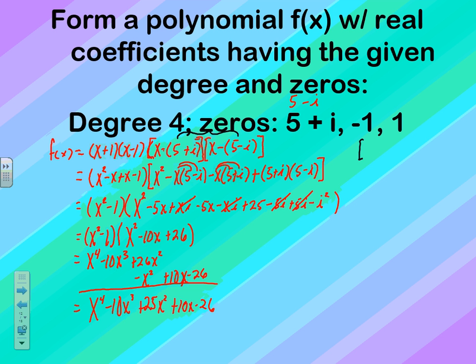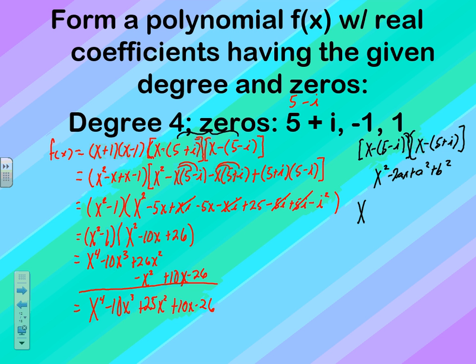So here we have x minus 5 minus i and x minus 5 plus i. Again, x squared minus 2ax plus a squared plus b squared. Again, doesn't really roll off the tongue very nicely. It's not the easiest thing to remember, but if you can remember it, it'll help.